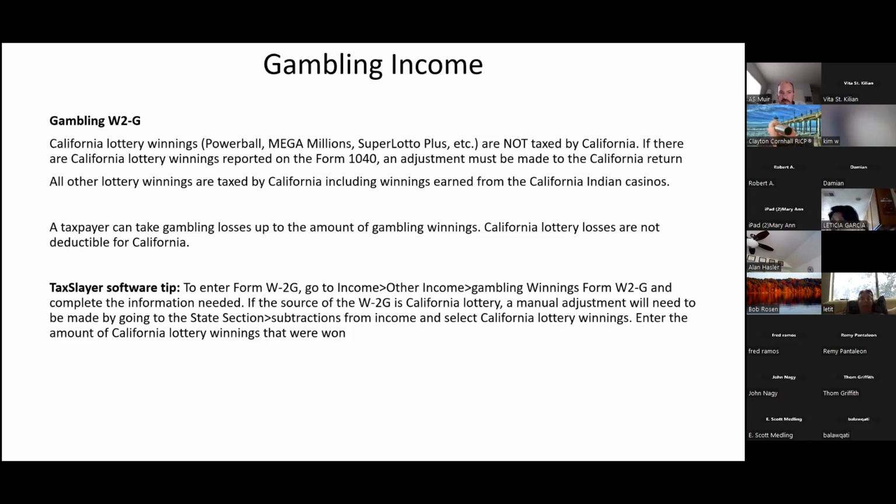So when I go to the craps table and I win money, which doesn't happen very often, they give me those little plastic chips. I walk over to the cash cage, I redeem them for currency, and they don't issue a 1099 or a W-2G. So there are certain games where you're going to get a W-2G, and other games you're just going to get green dollar bills when you cash in your chips. But again, California lottery, not subject to California taxation.